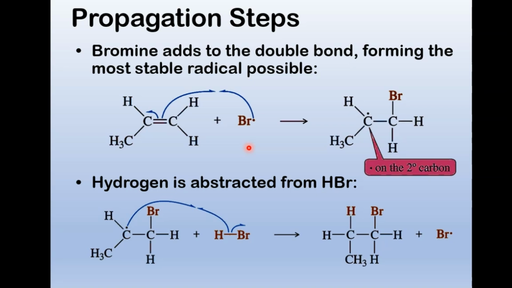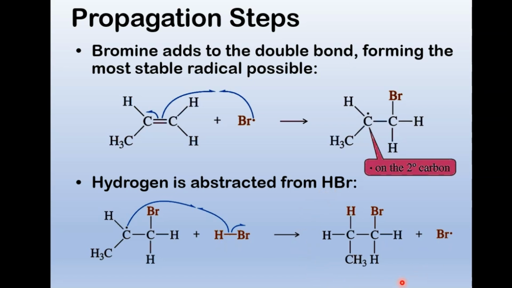And so it's the same game as carbocation formation. We want to form the most stable alkyl radical. And the more substituted the radical is, the more stable it is. So we have a primary carbon and a secondary carbon, and if we put the radical on the secondary carbon, that means bromine adds here, and then once we have this radical, it extracts a hydrogen, forming another radical.